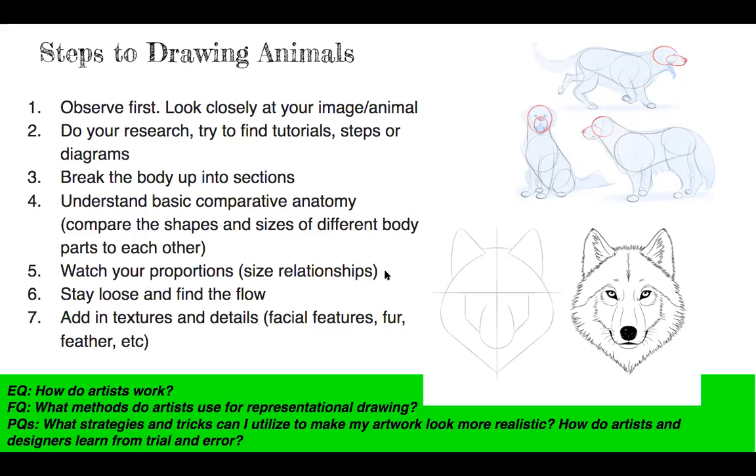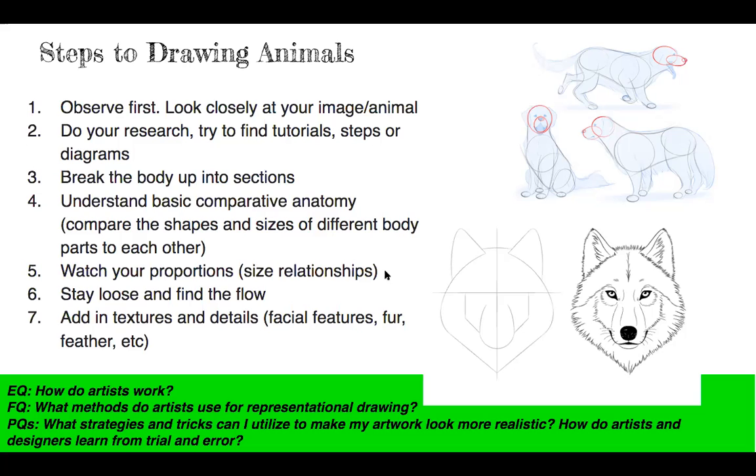The next step from there is breaking up the body into sections. You want to understand basic anatomy, so comparative anatomy. An example is this little golden retriever on the example slide. You see how the basic shape of the head is a circle, and the basic shape of the body is two circles connected with curved lines.